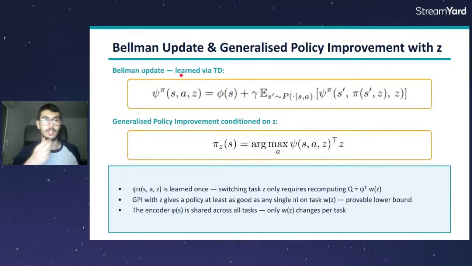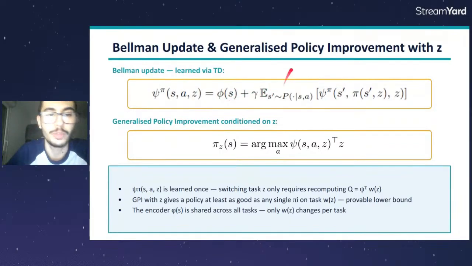Generally in RL, in value-based methods like DDPG and TD3, we have iterative training. We train the critic, then we train the policy to maximize the critic, then we train a better critic, and then we train the policy to maximize this critic, etc. Here it's going to be a little bit different. Instead of training a critic, we train a successor feature, and the goal is to predict the future discounted sum of the state features instead of the future discounted sum of rewards.